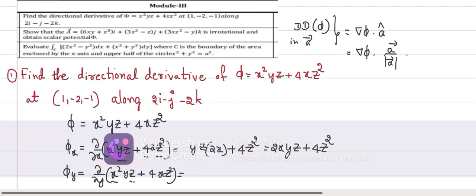Here 4, z and x are also constant. So let us write the constant term first. It is x square into z, the partial differentiation of y with respect to y is 1, plus 4xz square is constant, and the differentiation of a constant is 0. So it is x square into z.